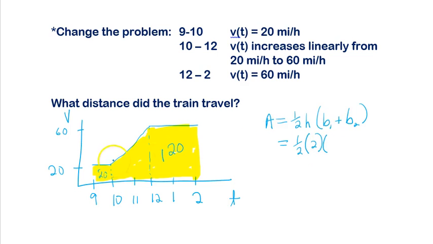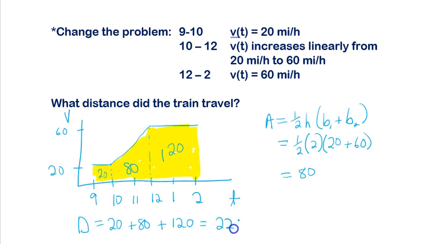Your base 1 and base 2 are the two dotted lines, and so those are 20 and 60. And so the 1/2 times 2 will just be 1, the 20 and 60 will give you 80, and so that middle section ends up to have an area of 80. So the total distance it traveled would just be 20 plus 80 plus 120. So 220 miles.